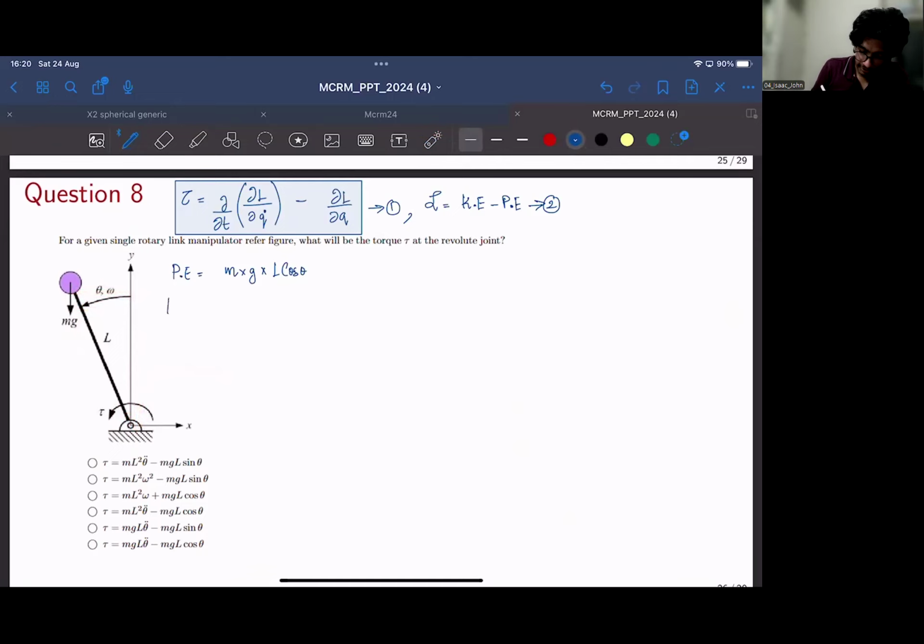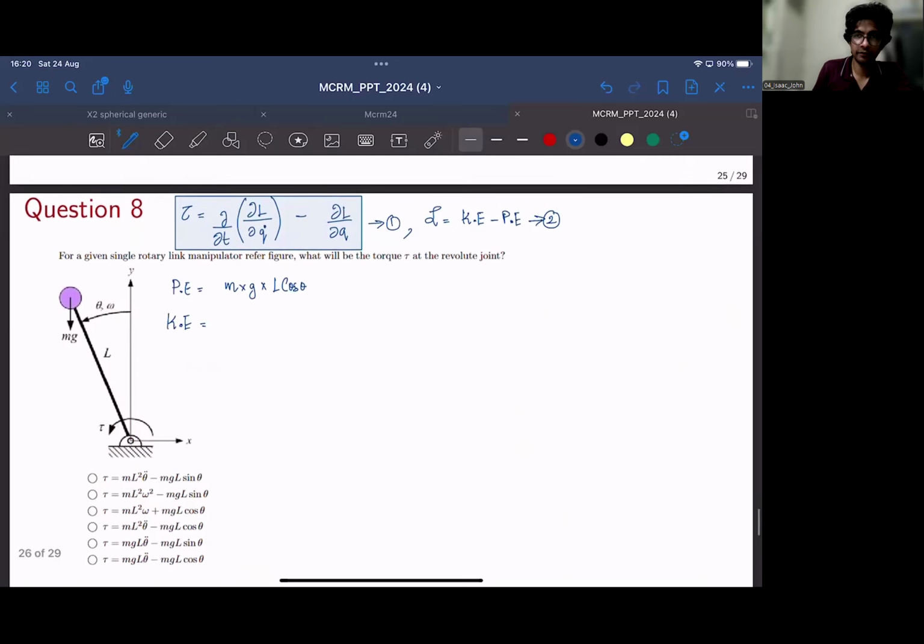Now, what is kinetic energy? The kinetic energy of that point mass, you can consider it to be half m v square. How do you find this v square? Simply by writing the position coordinates of this point.